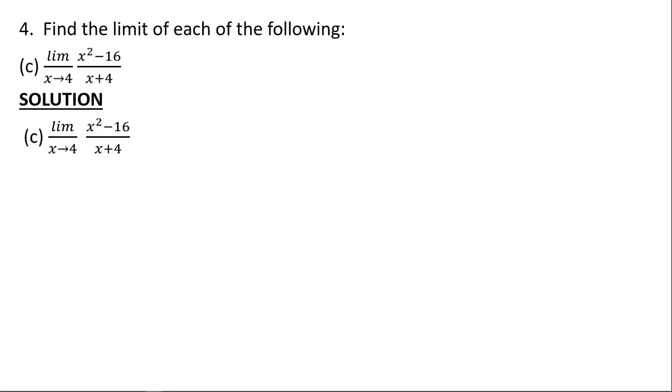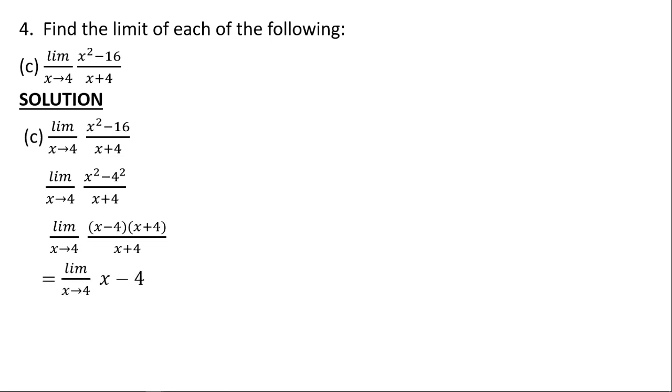Then we get the difference of the bases times the sum of the bases, which gives us x minus 4 and x plus 4. x plus 4 into x plus 4 gives us a 1. We remain with x minus 4. As x approaches 4, where there's that x we replace a 4, which gives us 4 minus 4, which is equal to 0.